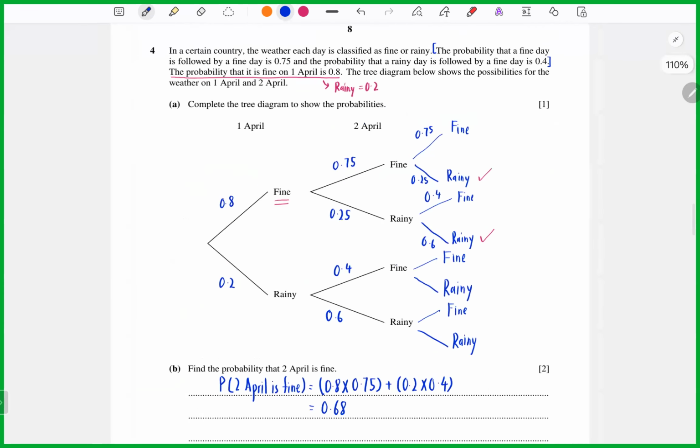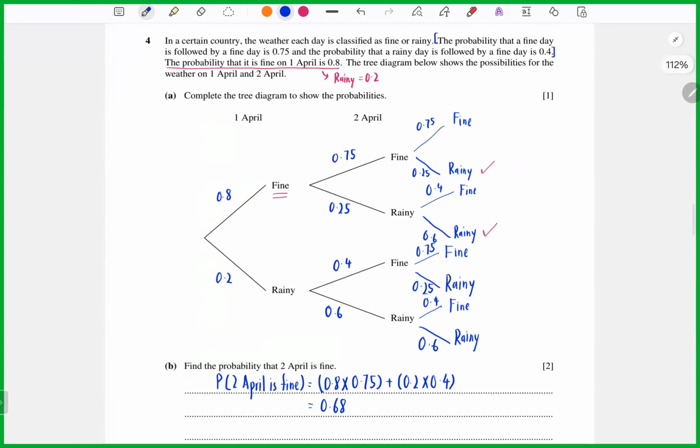Following the branches, we take 0.25 here, rainy is 0.4, 0.6.